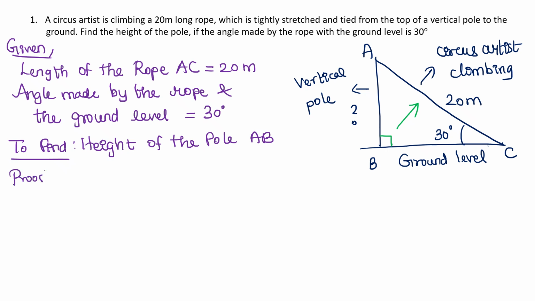The next is your proof part. In the proof part, what triangle are we going to choose? This is the right angled triangle, so you have to mention it here. That is very much important.